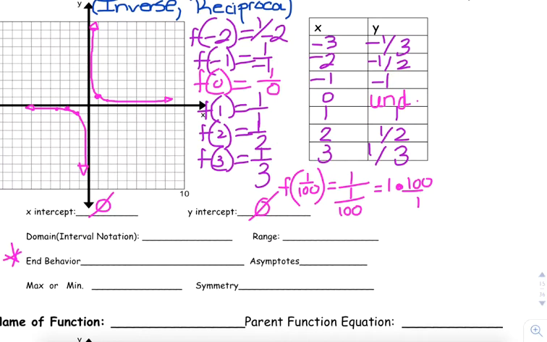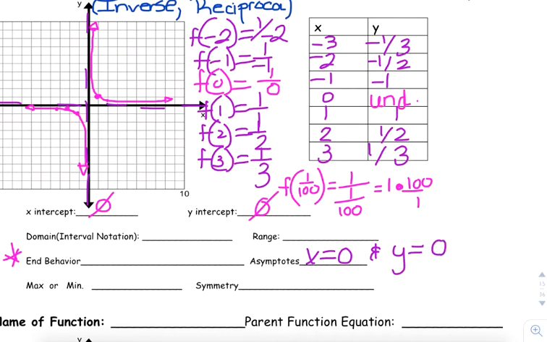Let's talk about our asymptotes, so the lines that we're approaching. We're approaching the y-axis, and we're approaching the x-axis. So both x equals 0 and y equals 0 are our asymptotes.